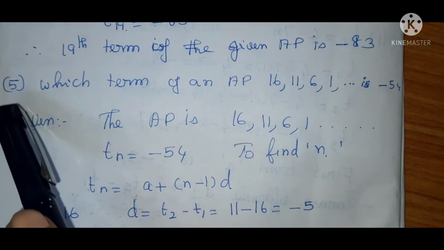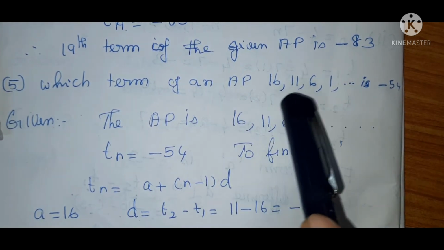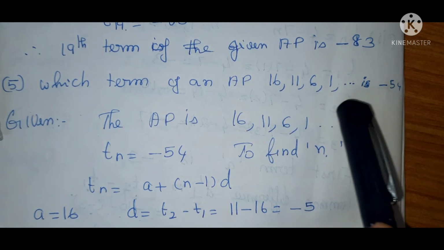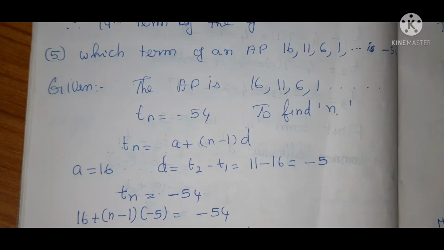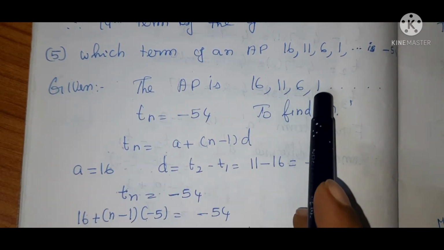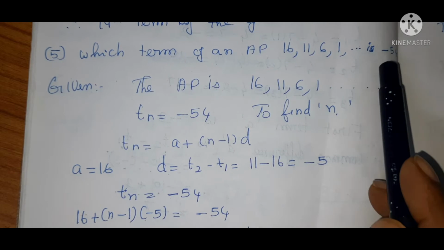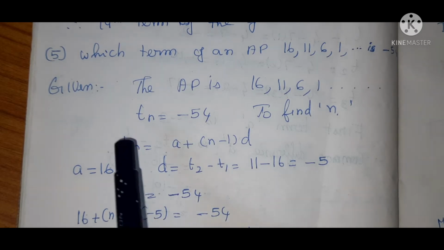Exercise 2.5, fifth sum. Which term of the AP 16, 11, 6, 1 and so on is minus 54? Given the AP is 16, 11, 6, 1 and so on. Minus 54 is a term in the sequence. Find which term.